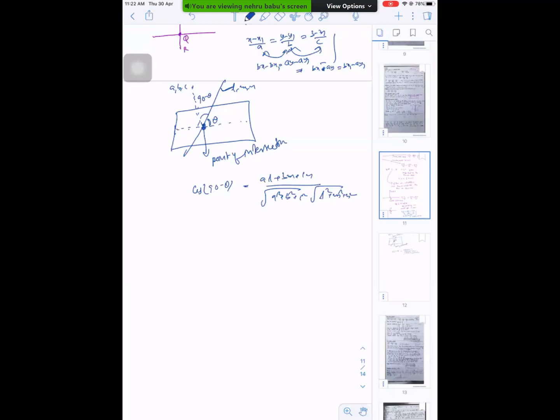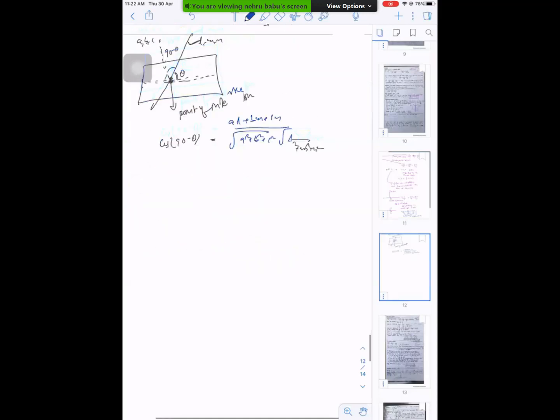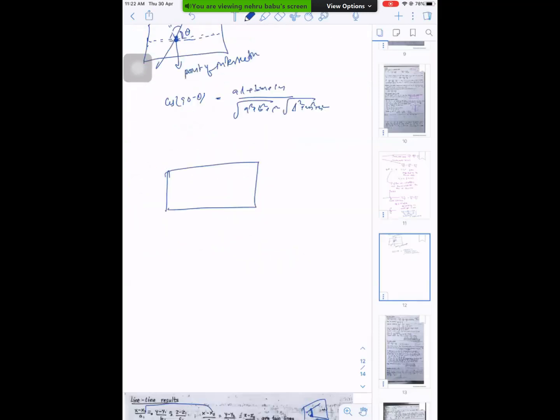Next, how to find the projection of a line? If they are giving a line, how to find the projection of this line? What's the idea? We can take a general point and project it. So one point is the intersection point Q, and one more thing, take a general point P. Find the foot of the perpendicular of that.